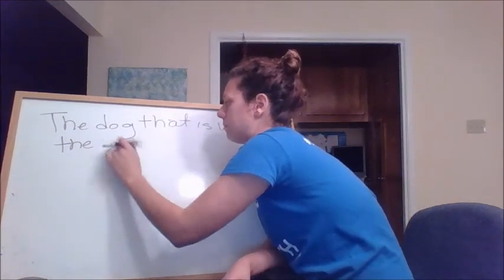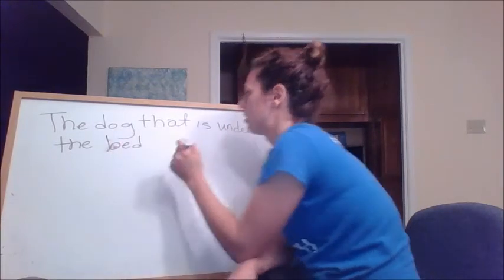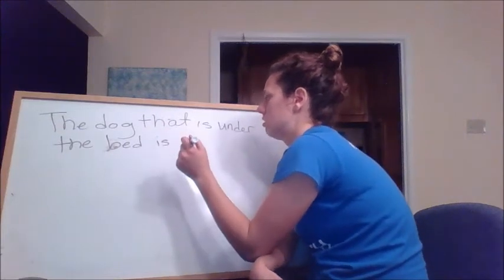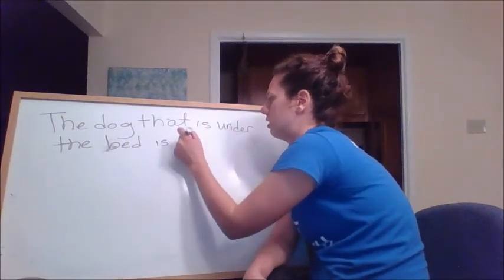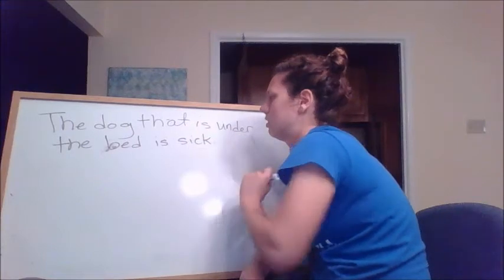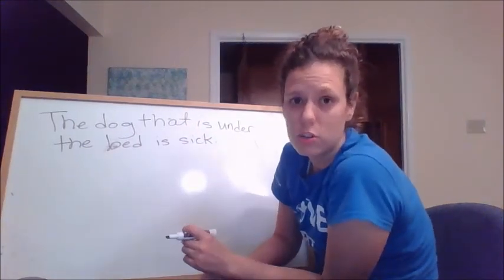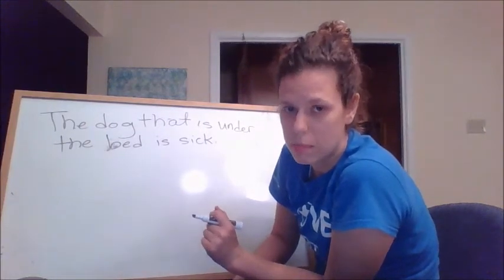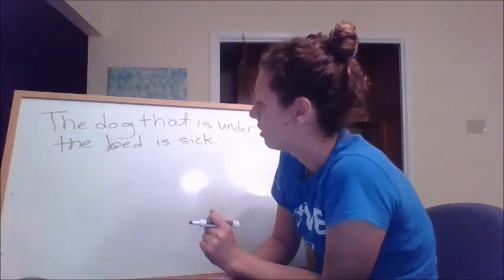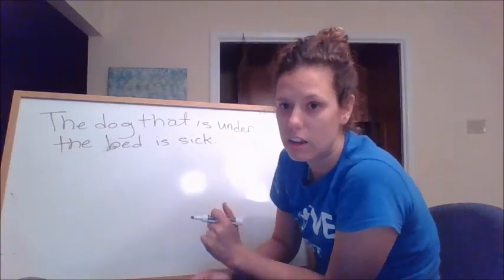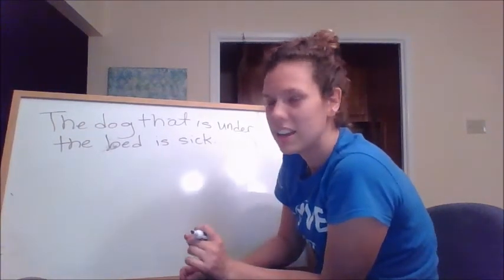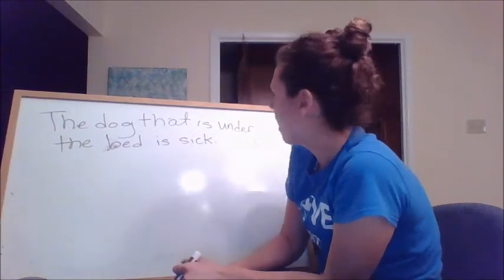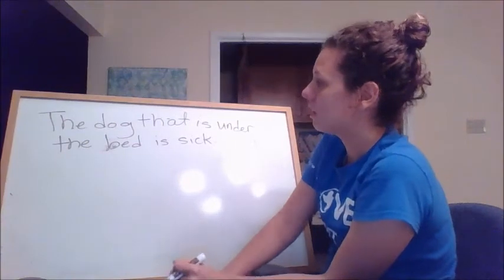Oh, let's say bed. Is sick. Gus is huge. He's like 80 pounds, maybe over 80 pounds, and he still crawls under my bed. True story. But he barely fits. It's really funny. And then he pokes his little nose out. He's like, hey, you see me under here? I'm under here. It's stinking cute. All right. So anyway, the dog that is under the bed is sick.